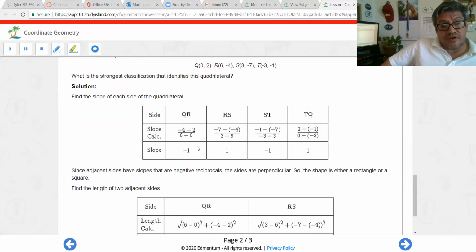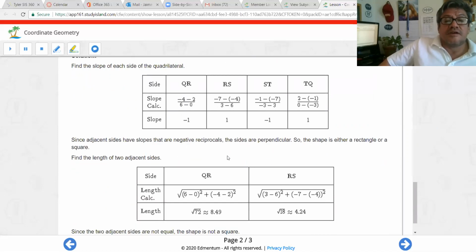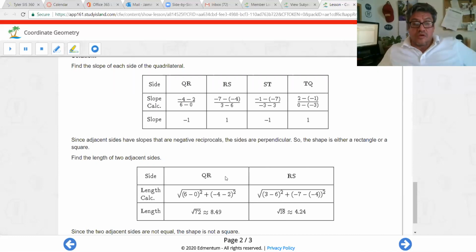Now let's try to find the distances. We're going to use the same values, x1, y1 and x2, y2. So for QR, we're going to use these numbers: 6 minus 0 is the y difference, and then -4 minus 2, square that. 6 minus 0 is 6, so that becomes 36. -4 minus 2 is -6, and when you square that, that becomes 36.